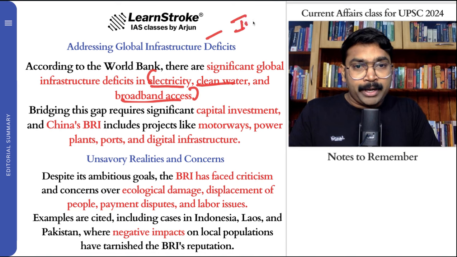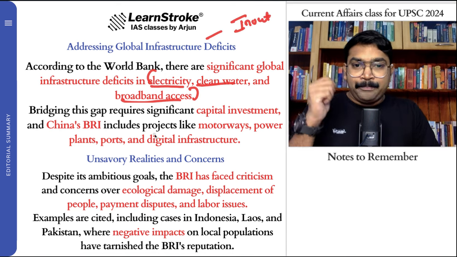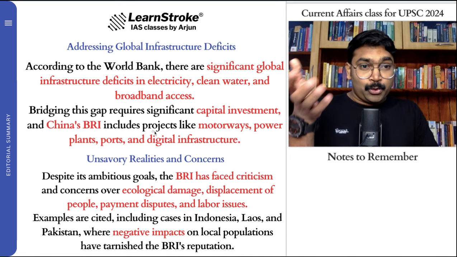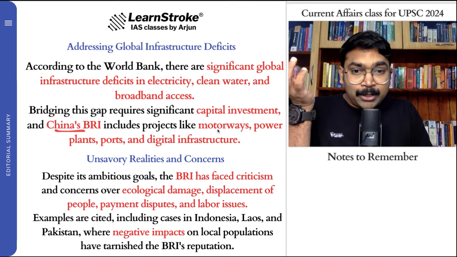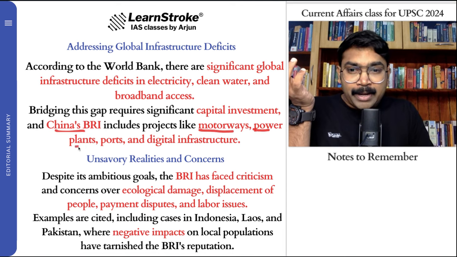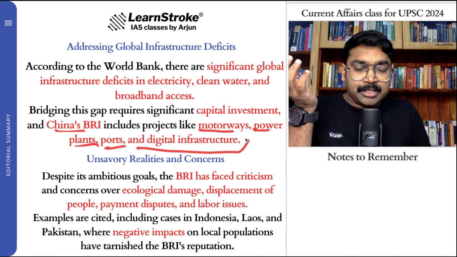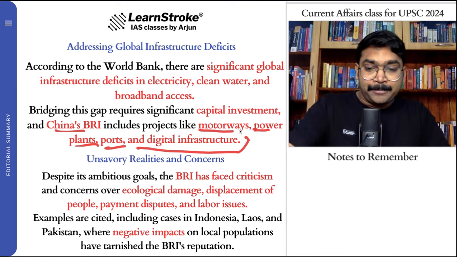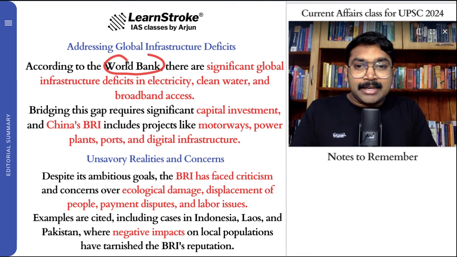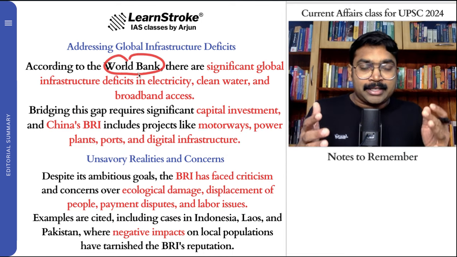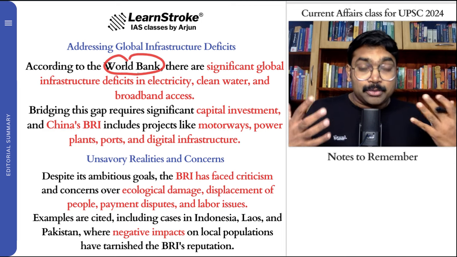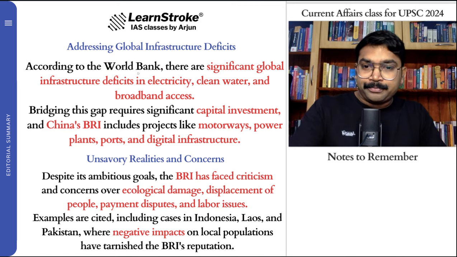You need money to bring all this. And China is definitely doing well as a solution. China's BRI can include motorways, power plants, ports, digital infrastructure. China is creating everything. So the World Bank says that there is a demand, there is an international deficit. Somebody has to fund that. So China is already on that way.